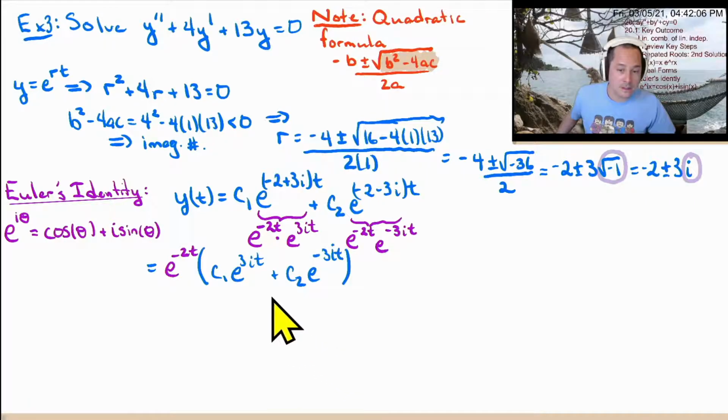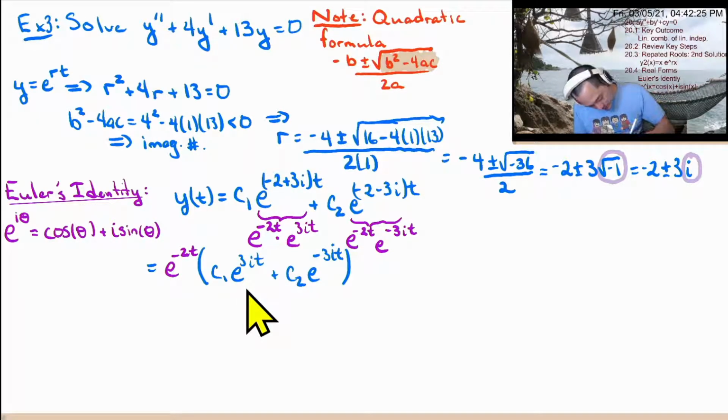Okay. Now that I have just the e to the i's hanging out, I can apply the Euler identity to break out each of these e to the i's into their corresponding cosine sine forms.